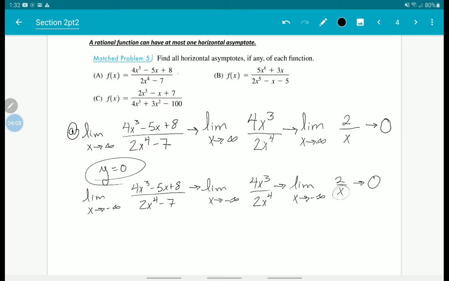We could say that I look at the degree of the top and the bottom. The degree of the top is 3. The degree of the bottom is 4. Because that degree of the bottom is larger, then that denominator ends up outweighing what's happening in the numerator over time. And that's what this process is showing you. That denominator is outweighing what's happening in the numerator, which means that this is heading to y equals 0.